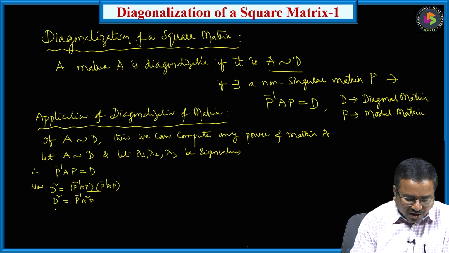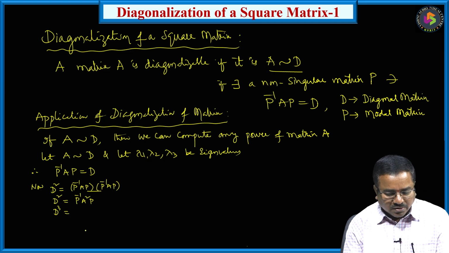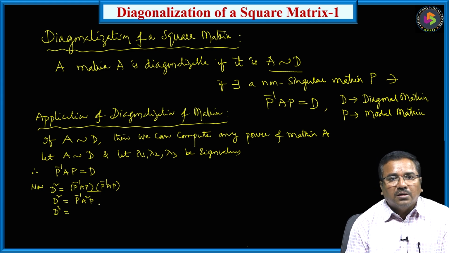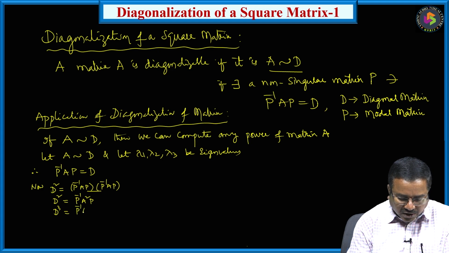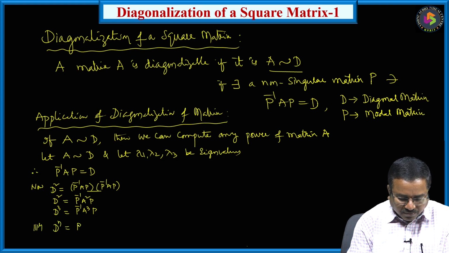In the same way, if you compute D cube, the impact is only on the middle one, so we get P inverse A cube P. Similarly, D to the power of n is P inverse A to the power of n P.